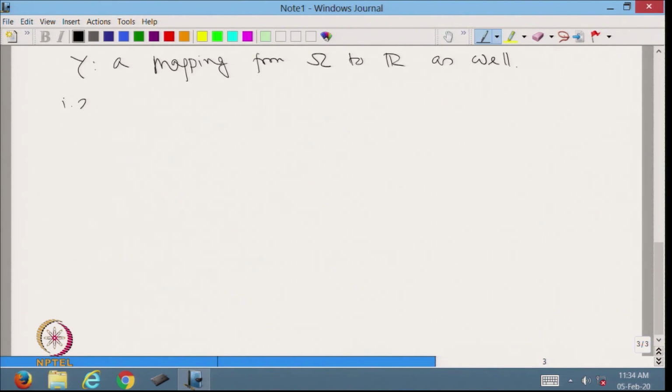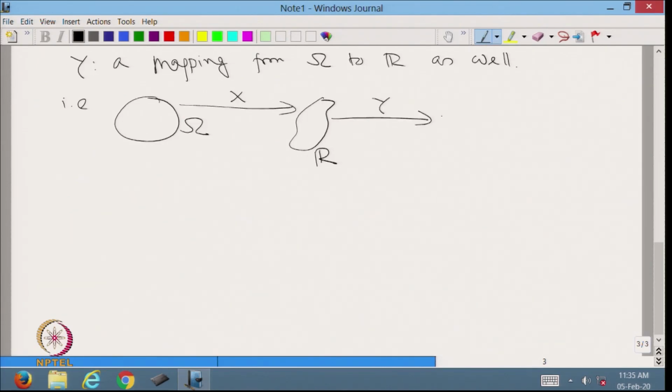That is, we have omega, from there we get X which maps to R, and from there we have a mapping Y that is also on R.